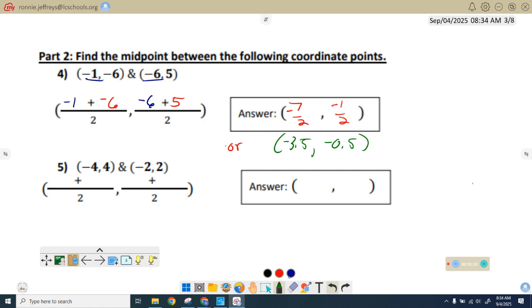Lots of negatives. All right, so this is negative 6 over 2, negative 3. Right.